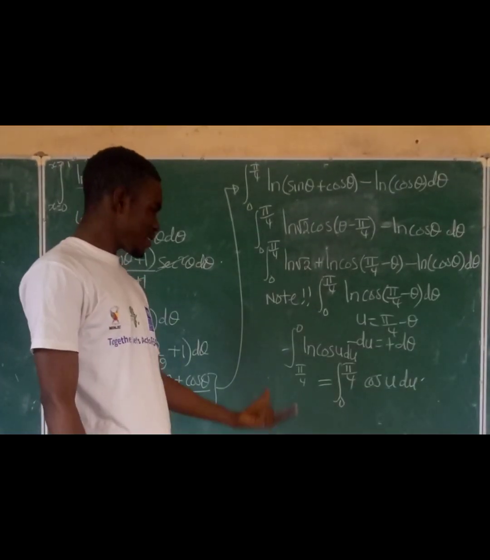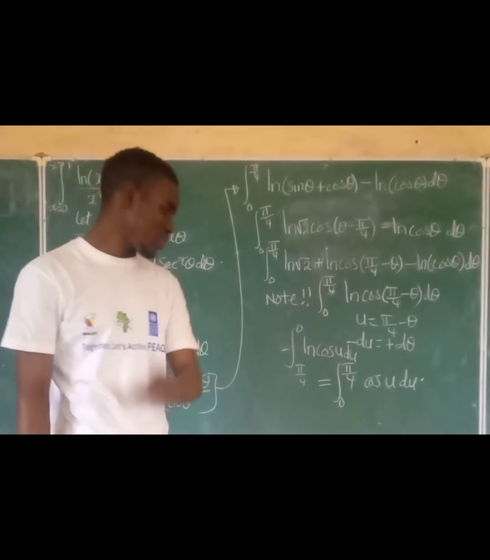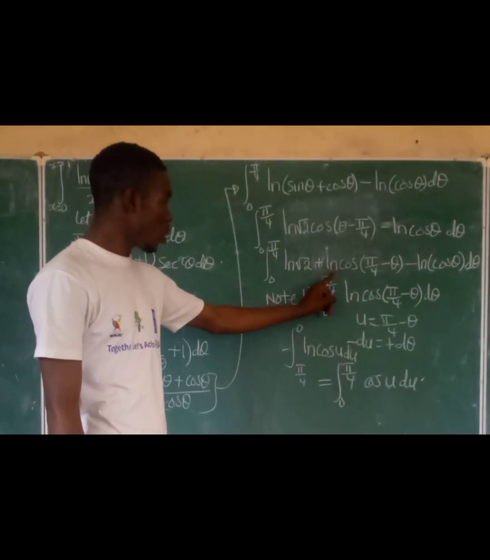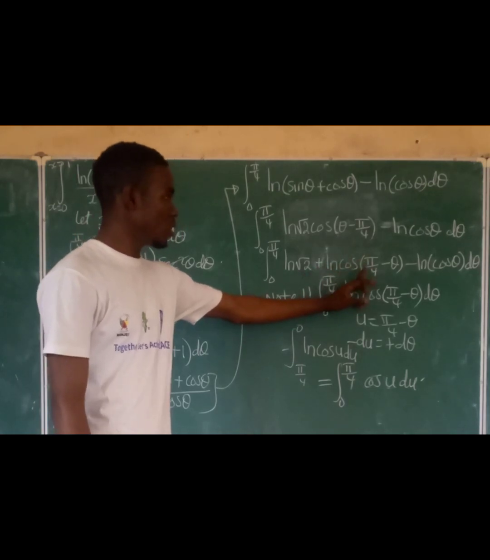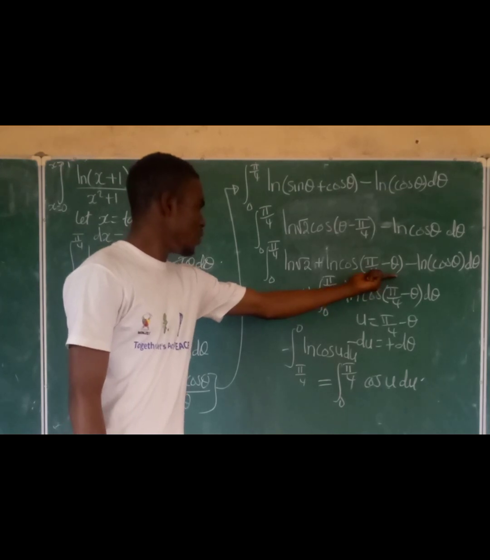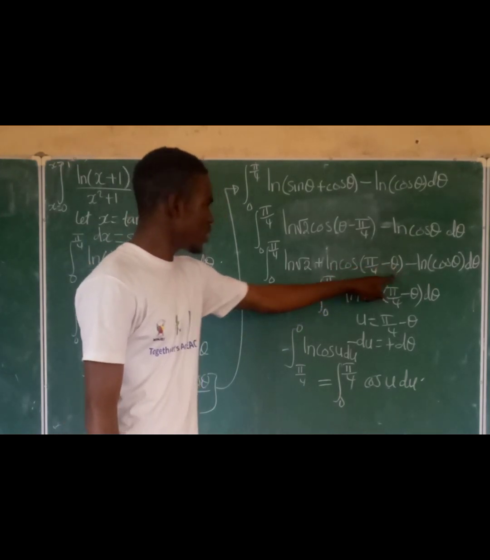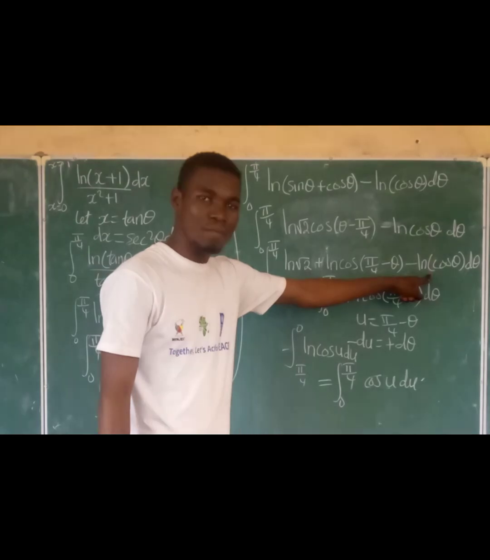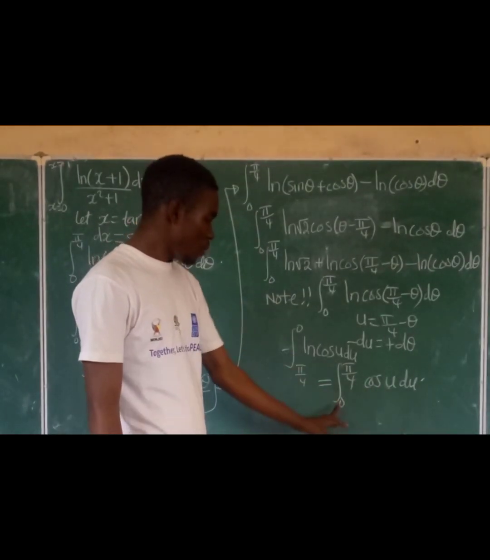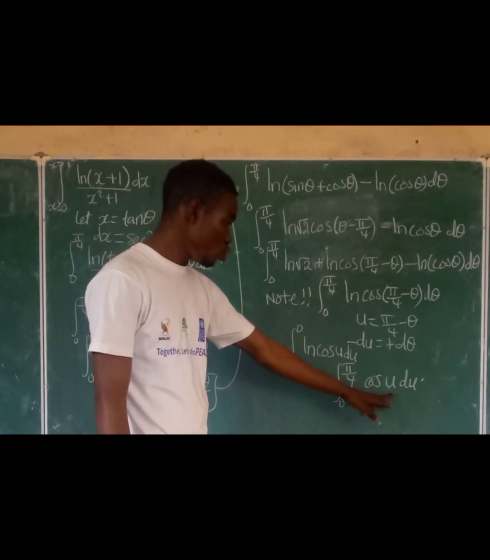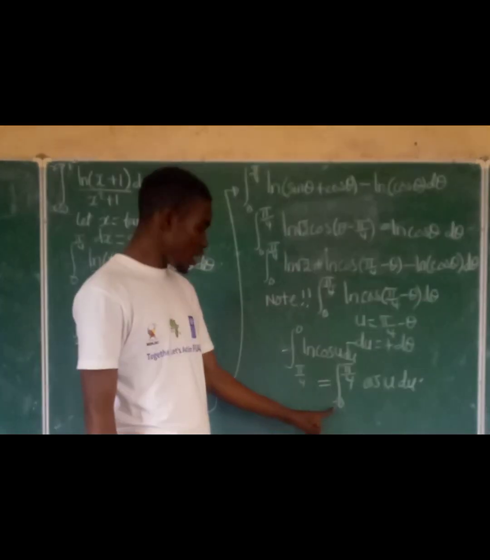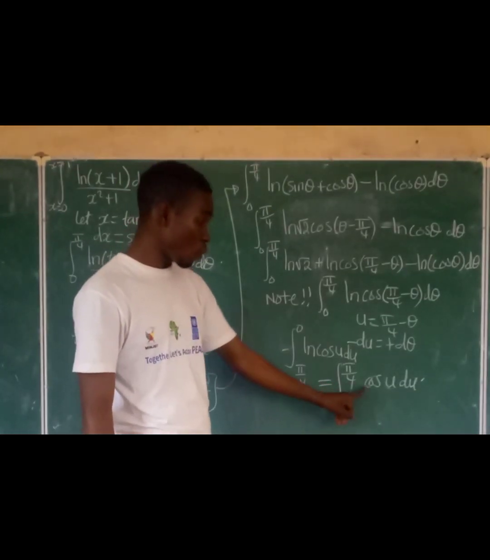So I discover that the integral from 0 to pi over 4 of ln of cos of pi over 4 minus theta is thus the same as this one, because I'm seeing the integral from 0 to pi over 4 of ln cos u.